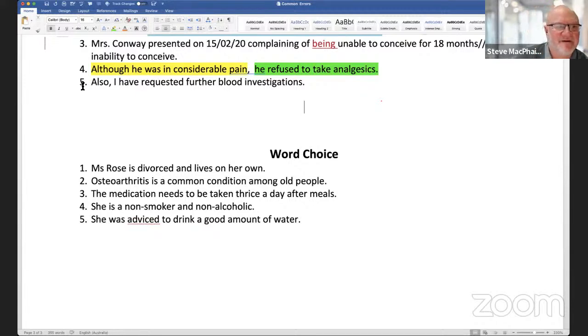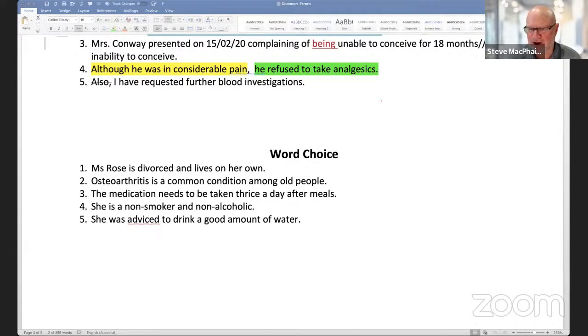Last one, 5. Also, I have requested further blood investigations. Again, a very common error. And it's to do with the placement of "also." It doesn't belong here. Where would you put "also"?